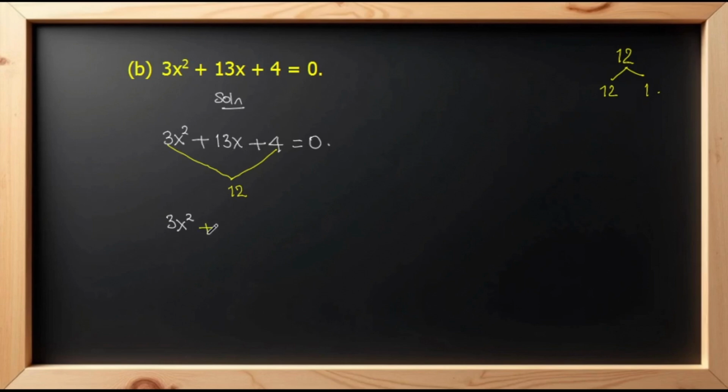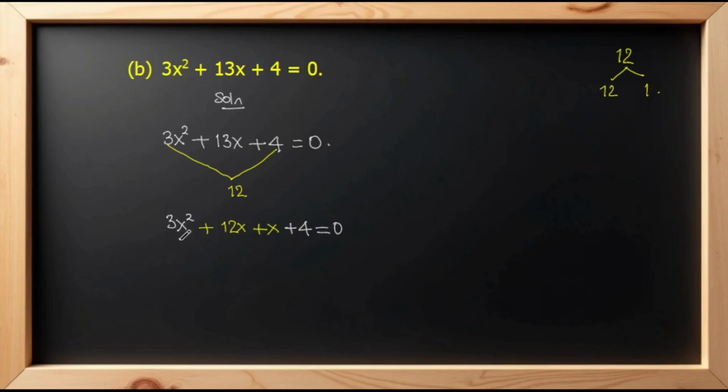Now the next one is going to be 12x plus x to obtain back 13x. So we can move on to the next constant and we write our old constant, that is 4 equals 0. So you obtain two pairs of numbers that you can also go ahead and factor.